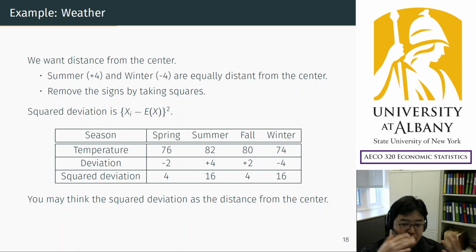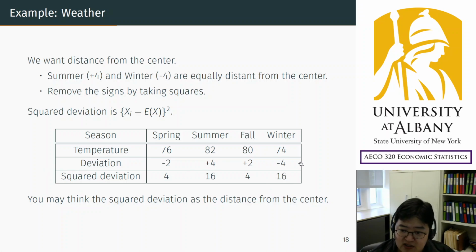And of course, you can define one squared deviation for each observation. So if you had 100 observations, there should be 100 squared deviations, right? So we are going to use these squared deviations as the distance.